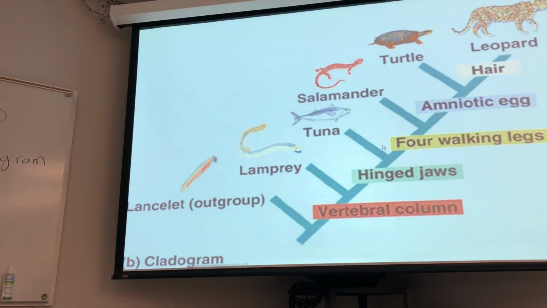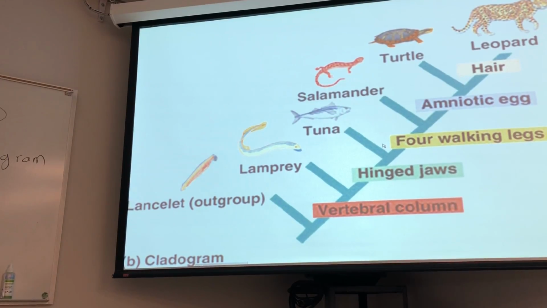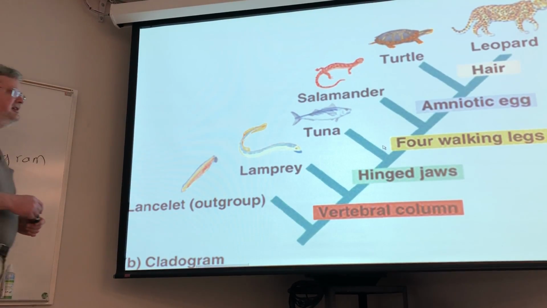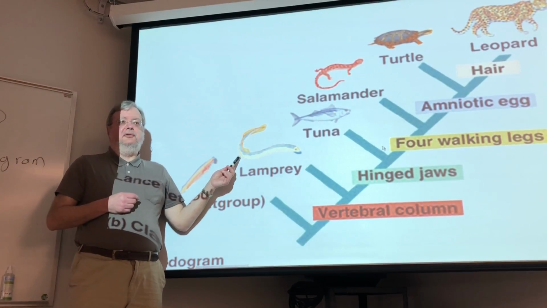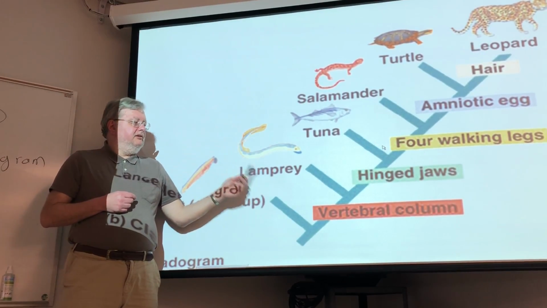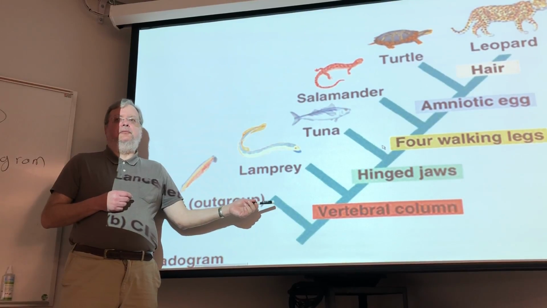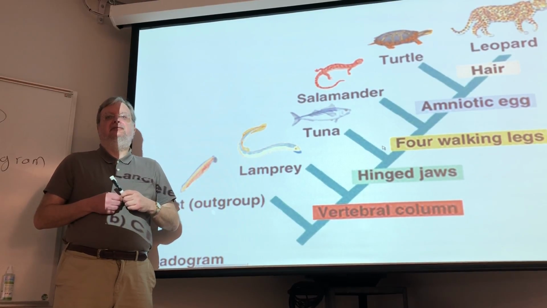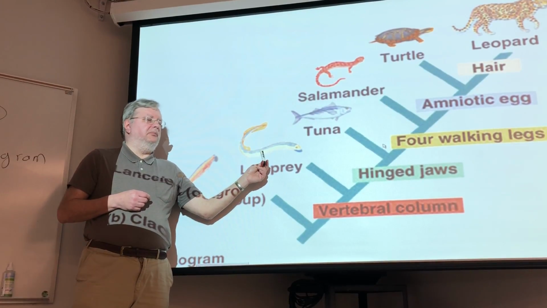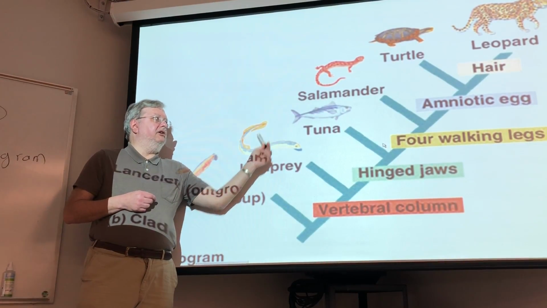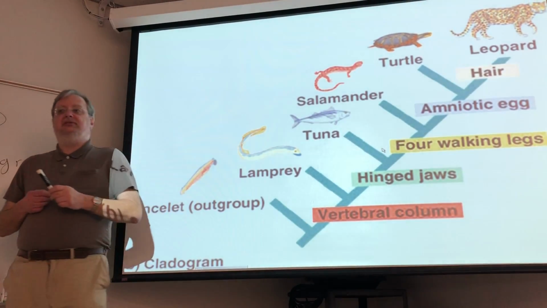But what if you're not interested in distinguishing all vertebrates from non-vertebrates, but you want to see how a lamprey compares to all other vertebrates? Is the backbone helpful in doing that? Does the fact that lampreys have vertebrae tell you how they're related to leopards?